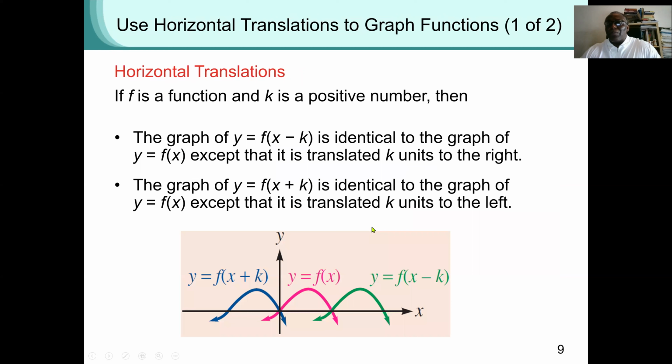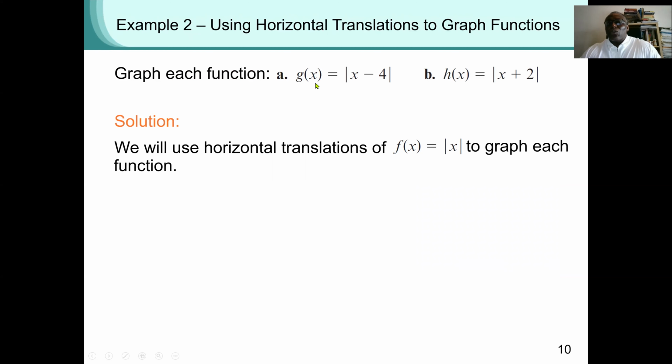Now, let's see an example. Here they say we should graph g at x, this time x minus 4, everything in our absolute value. Previously, we had g at x, absolute x, minus 4 outside. So after I find the function g at x, absolute x, I'm going to translate it 4 units downward. But in this case, I'm going to translate it to my left horizontally for 4 units.